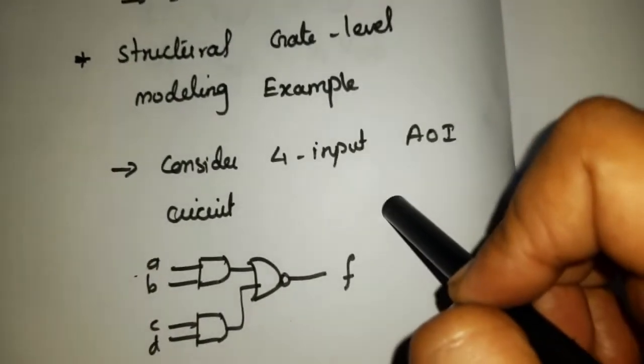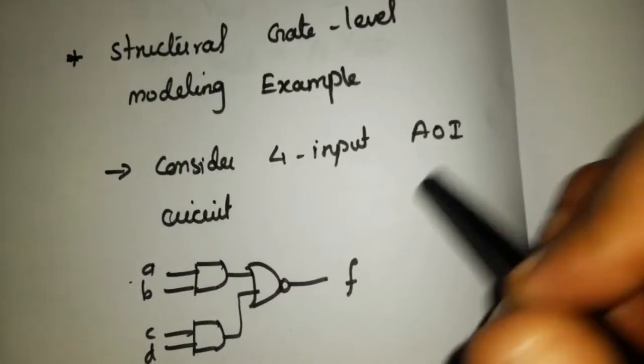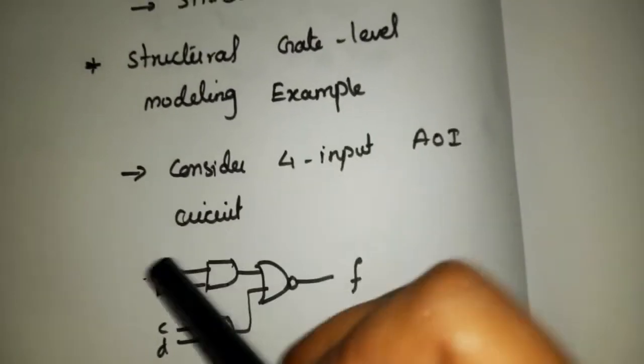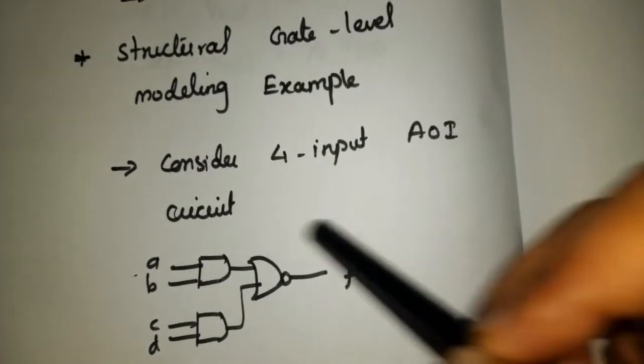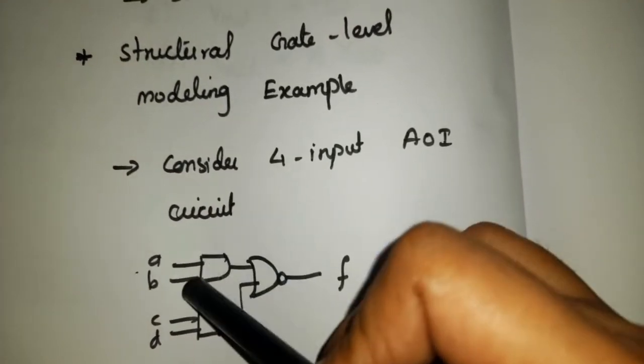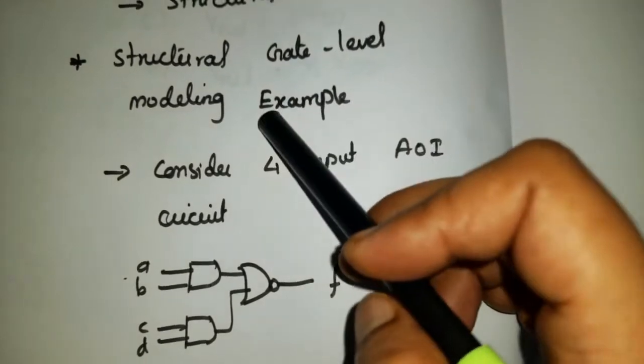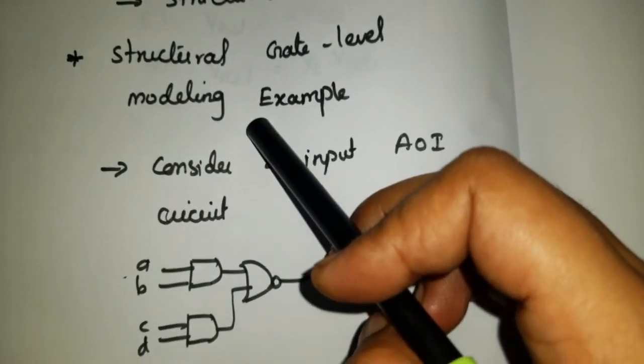Consider the 4 input AOI circuit. AOI means AND OR inverter circuit. This is a 4 input circuit, and we are going to write the code for it in structural gate level modeling.